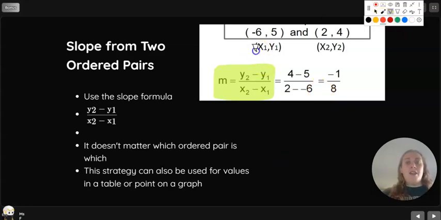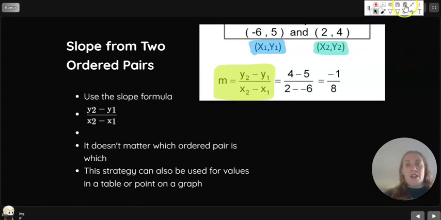A key part of this is make sure that you are labeling your points. Remember, points are always x comma y, so x is always in the front and then y, and we just label them as x1, y1 for the first point and x2, y2 for the second point. It doesn't matter which point is the x1, y1 or the x2, y2, but to order them, it's important so we make sure that we're subtracting in the same order.